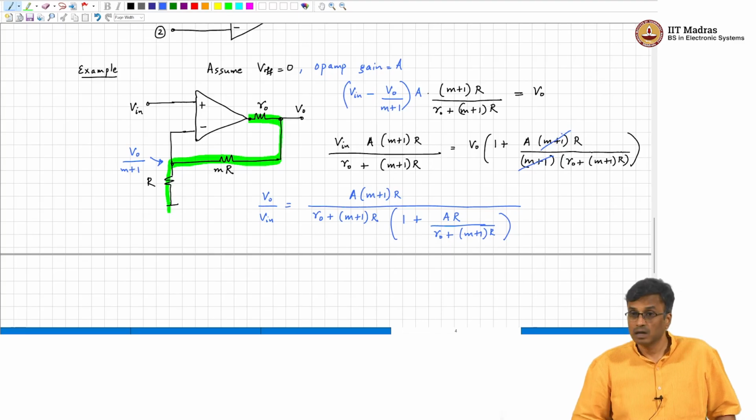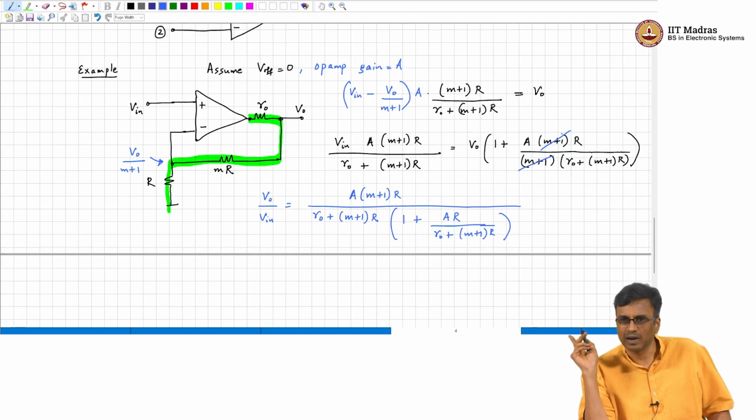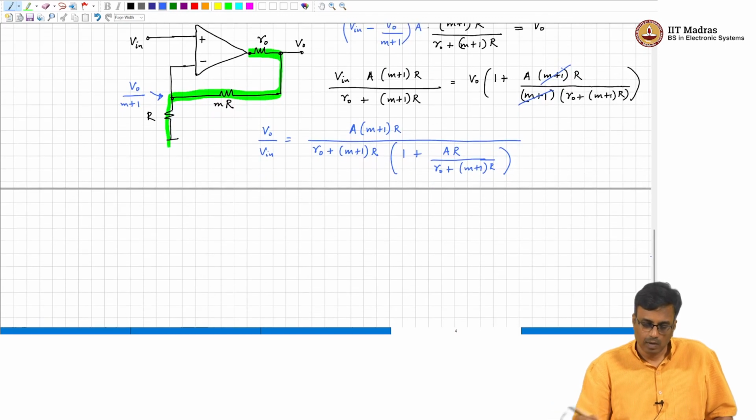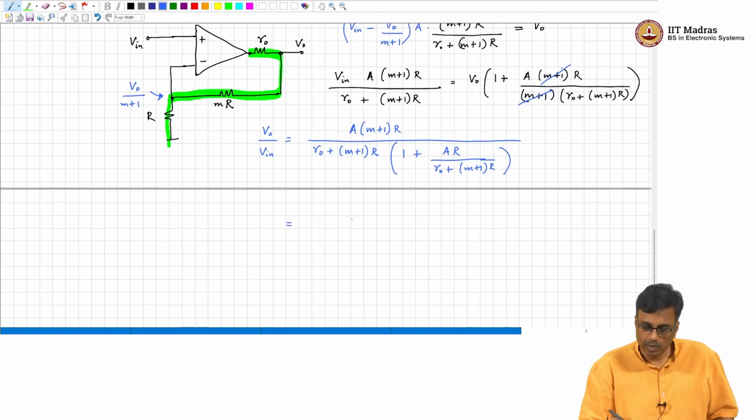Is there a mistake? No, that is okay, but is this correct so far? Okay. All right. So, basically this is nothing but A times m plus 1 times R divided by R naught plus m plus 1 times R plus A times R.